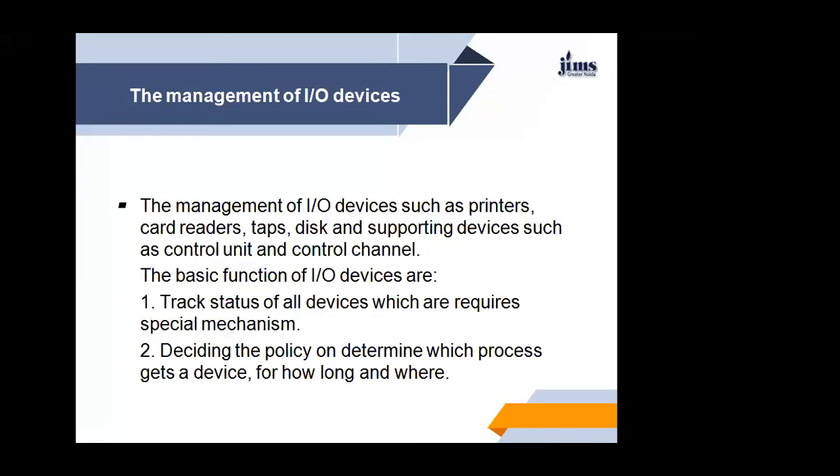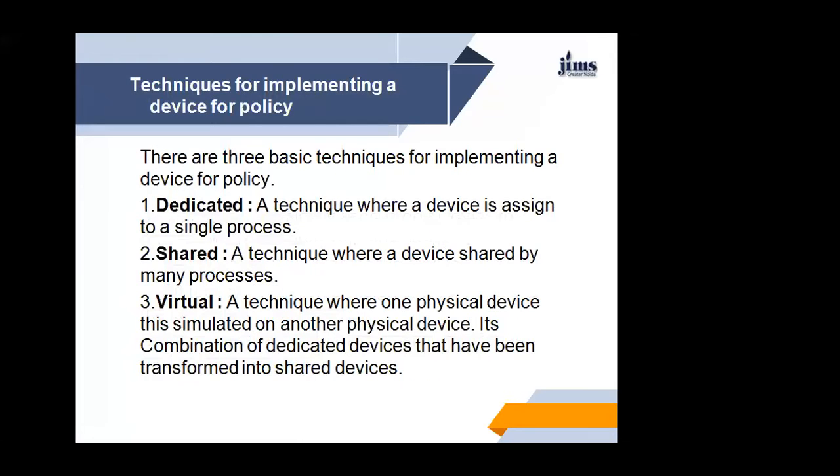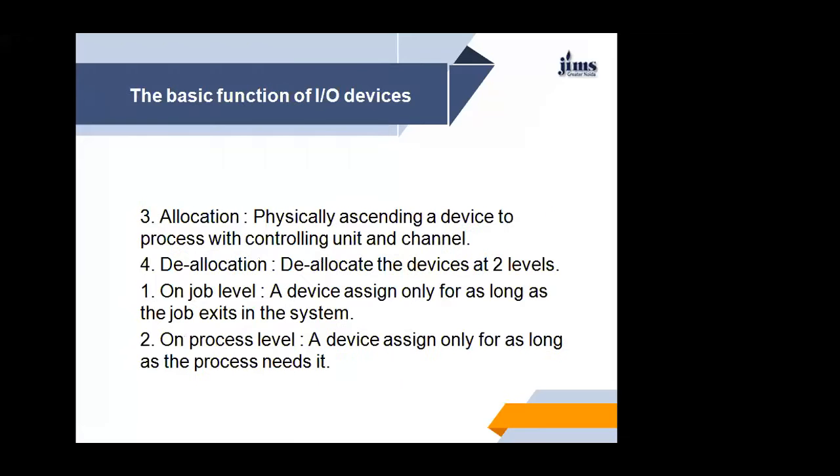Second is deciding the policy, and the third one is allocation, meaning allocation of resources: physically assigning a device to a process with the control unit and channels. And then deallocation. Deallocation means deallocating the devices at two levels.